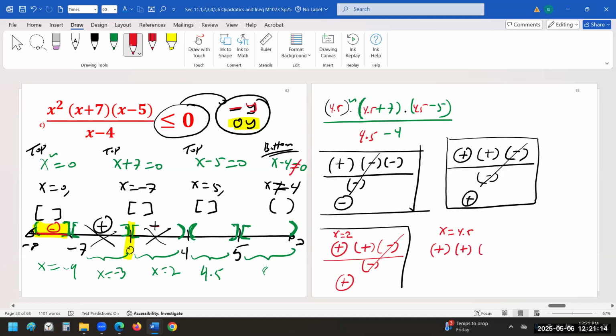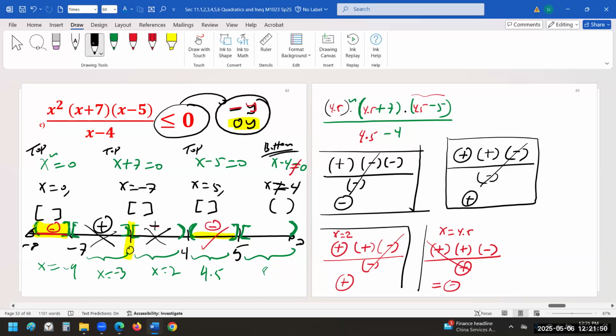Which one is bigger, 4.5 or 5? 5. What sign does 5 have? Negative. And on the denominator, 4.5 minus 4, positive. So by adding and multiplying and dividing all of these, what result do we have? Negative. We cancel the positive, so we're left with plus and minus, negative. So this is negative, and we're looking for negative. So can you take this interval? So we highlight this interval.